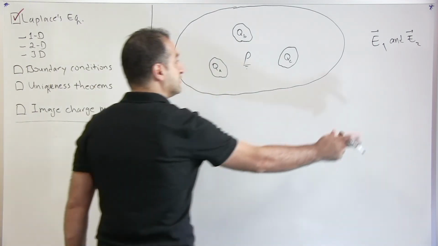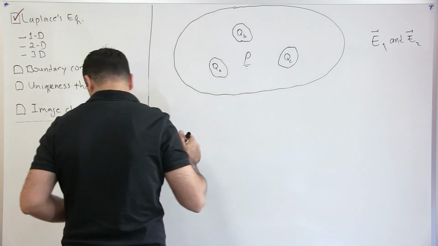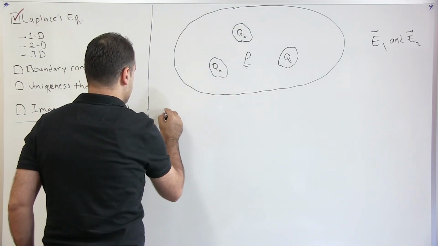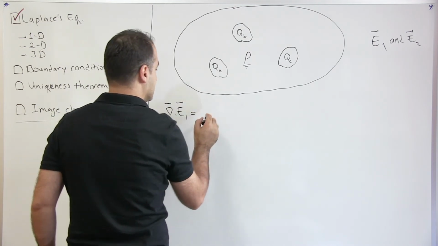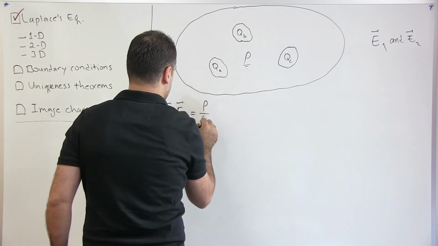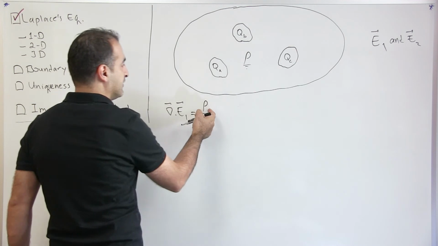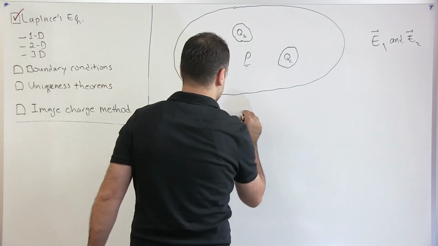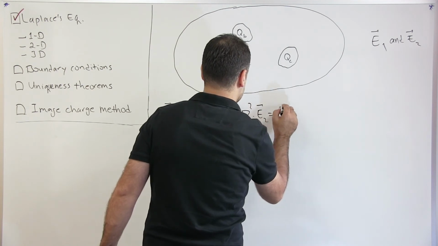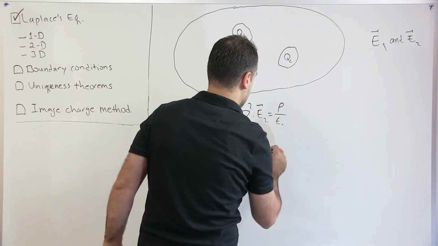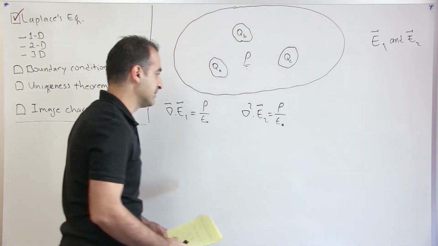If there are two solutions here, that means the divergence of E1 should be rho over epsilon zero, where rho is the volume charge density. The divergence of E2 should be rho over epsilon zero as well.